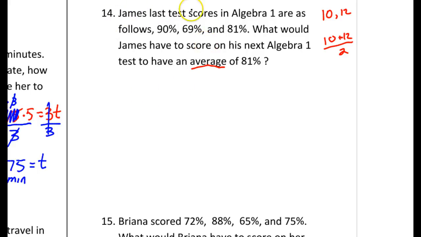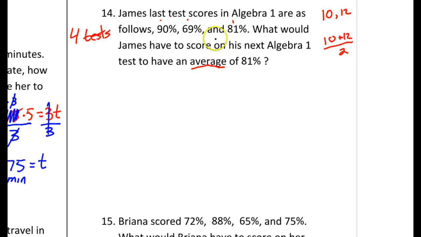Last 10 test scores in Algebra 1 are as follows: 90%, 69%, 81%. Okay, what would James have to score on his next Algebra 1 test to have an average of 81? So we're talking about 4 tests. There's 4 tests involved in this problem. There's the 3 that we've already taken and the one that's coming up.